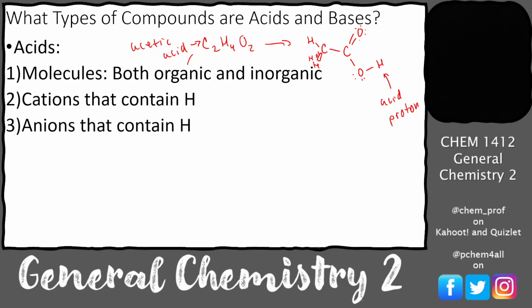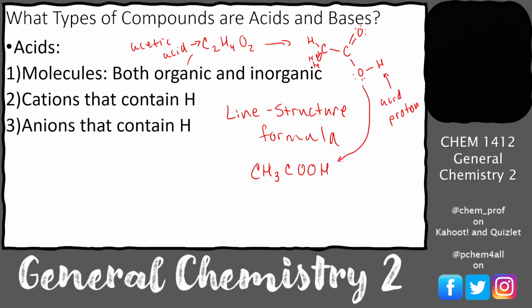So what do we do? There's a thing called a line structure formula. And so that's when we write out CH3COOH. You see, it can be written on one line, and it still tells you what's in the molecule. So this is the line structure formula for acetic acid.